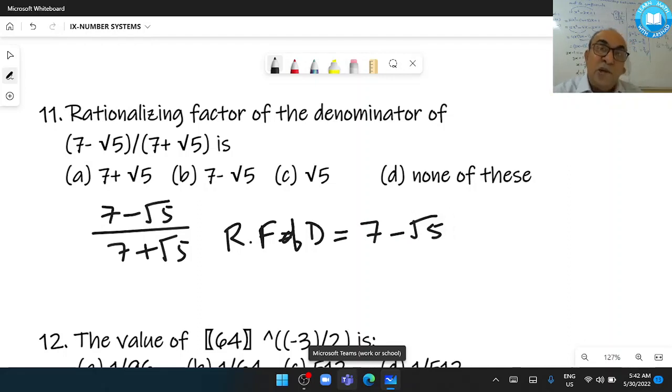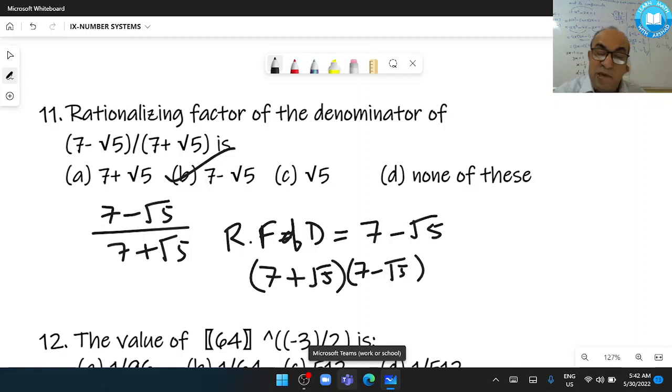The denominator is an irrational number because 7 is rational and root 5 is irrational, so rational plus irrational is irrational. A rationalizing factor is a number which, multiplied with this denominator, makes it rational. But I want to tell you why it is a rationalizing factor. Multiply the denominator by this.